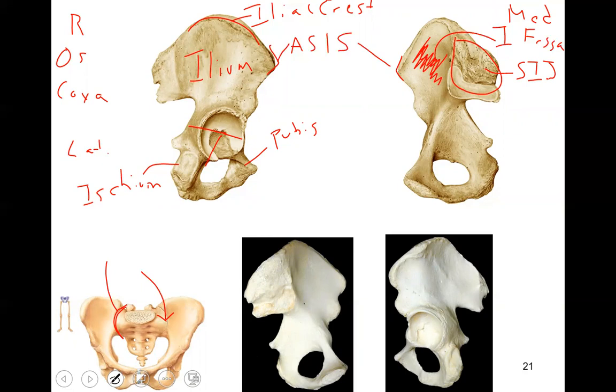Finally, the ilium on the posterior side has this really big V-shaped structure. This happens to be where your sciatic nerve exits from your lumbosacral plexus, specifically the sacral portion, and it actually travels all the way down the posterior side of your leg.